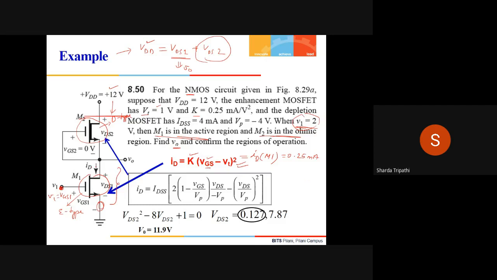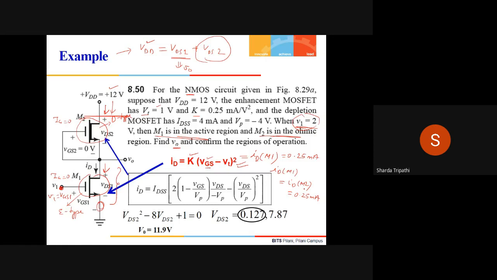Now, we also know that the drain current for M1 is the same as the drain current for M2, because no current comes from the gate. For each of these cases, the gate current is 0, and there are no resistances in between. So the drain current for M1 equals the drain current of M2, and this is equal to 0.25 milliamperes.